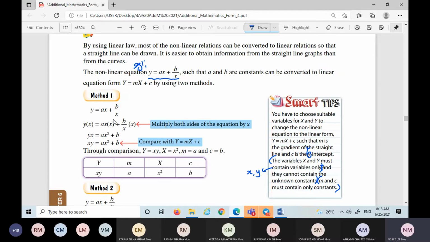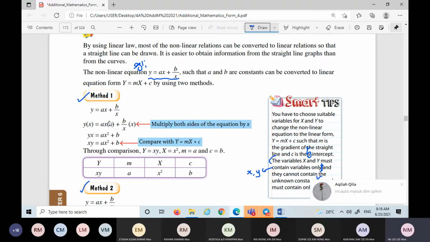Okay, so now we see the first method. This one also you copy. This is your example 1, then you copy method 1 and then method 2. So in method 1, you see how they make it so that the capital letters Y and X have no constants, only small x and y. If you look at this as y equals mx plus c, then you see in your c, you have an x here.